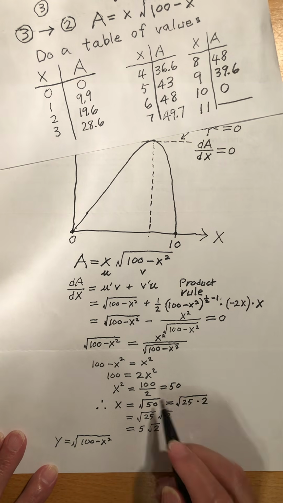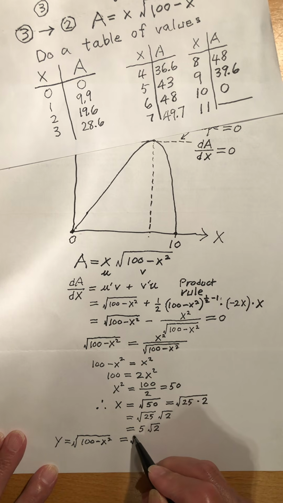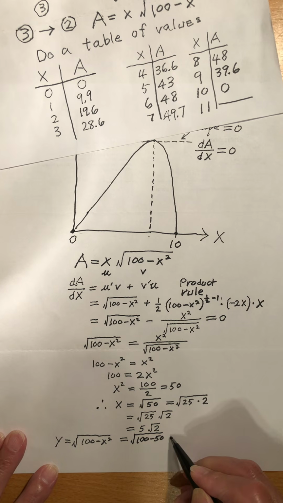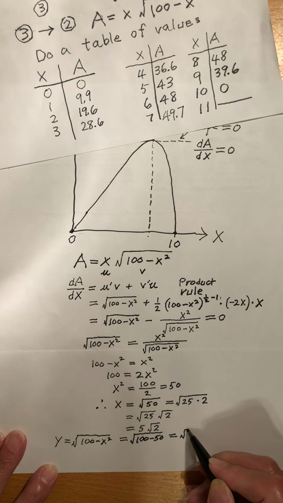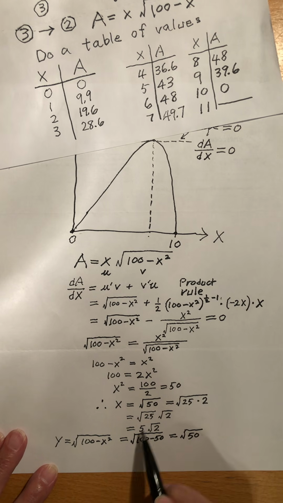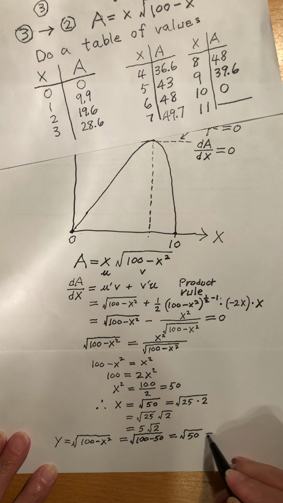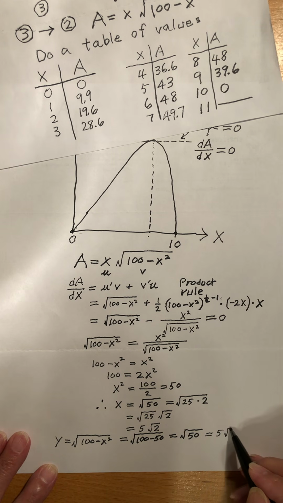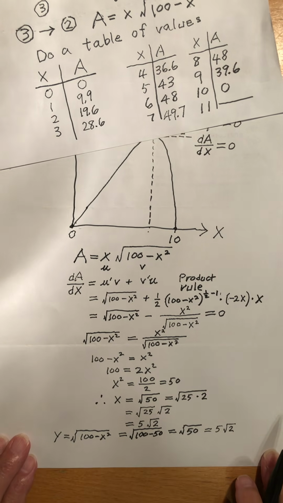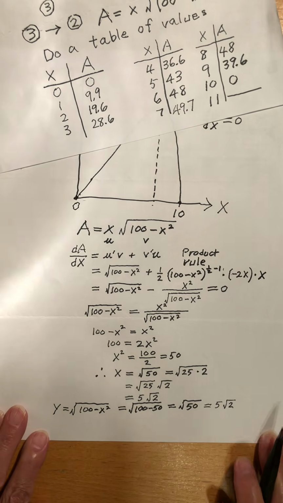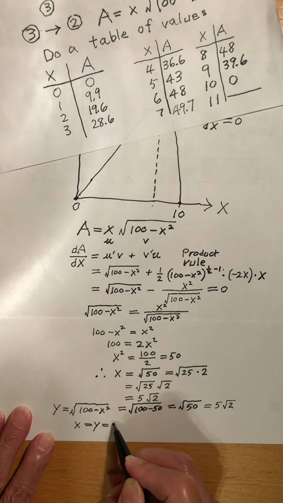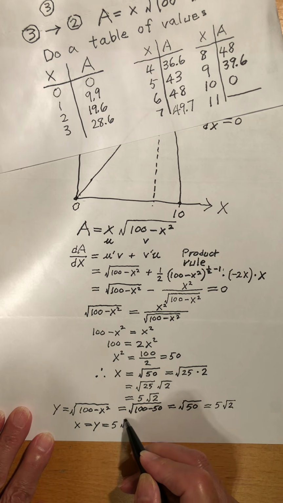But x squared is 50, so that means it's square root 50. But here I have square root 50 here, which is 5 root 2. So what I have is that x and y are the same. So x equals y equals 5 root 2.